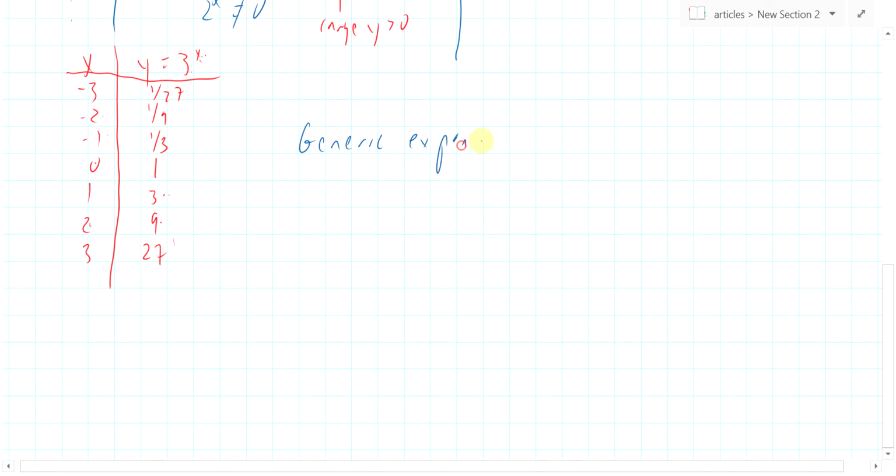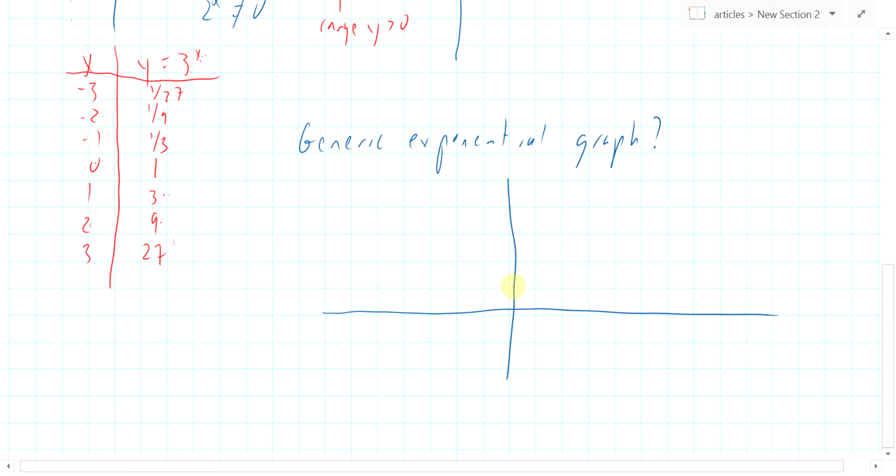What are the important points of an exponential graph that we need to keep in mind? Well, they all go through 0, 1. Right? Because anything raised to the 0 is 1, so they all go through there.